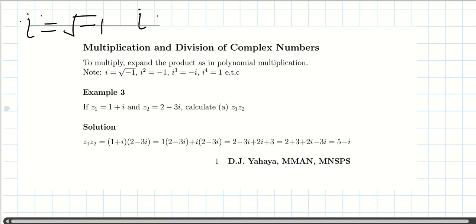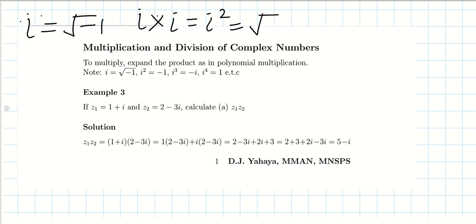So i times i, which is the same thing as i squared, is the same thing as the square root of minus 1 times the square root of minus 1, which is the same thing as minus 1. That is applying what? Laws of indices here.